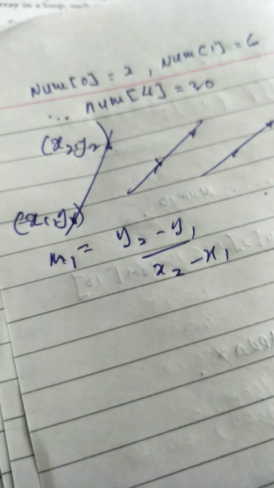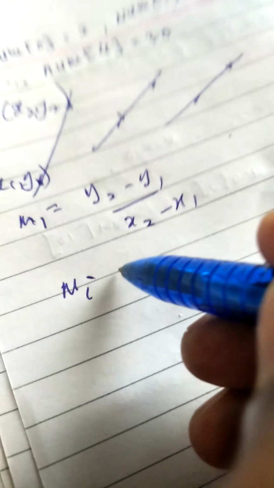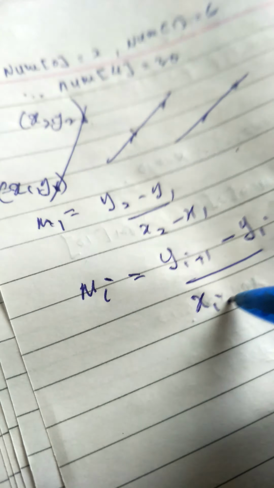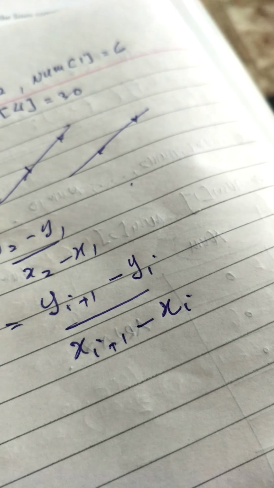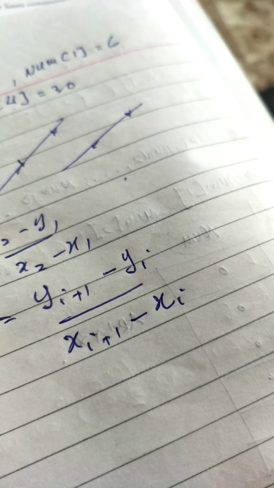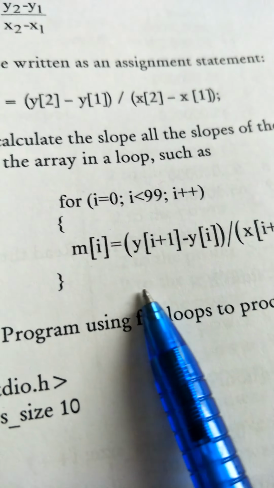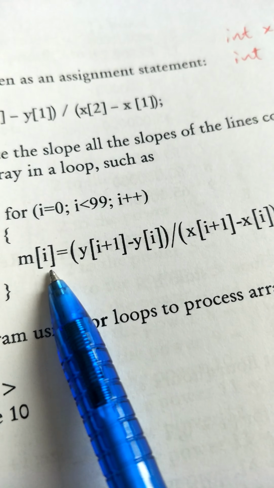So if you generalize this, I can write here mi is equal to (y(i+1) minus yi) over (x(i+1) minus xi). I can do this. Now, if you want to write the formula for that, then you see mi as a variable.